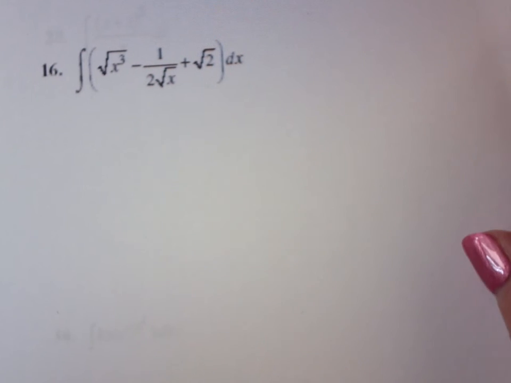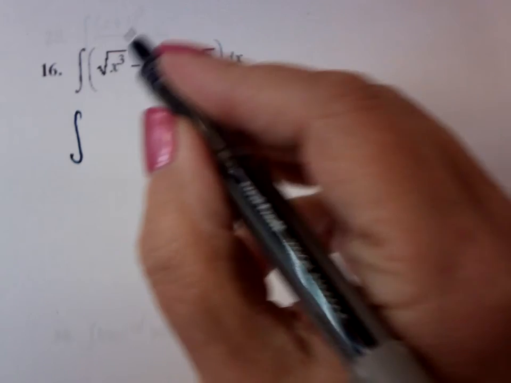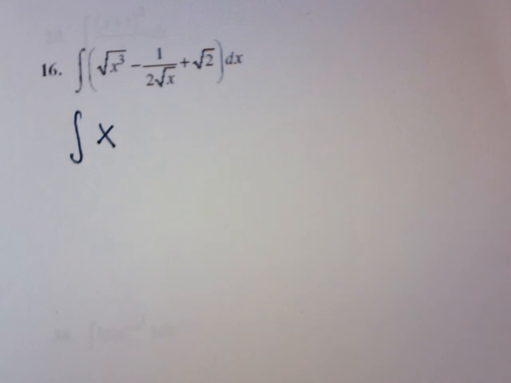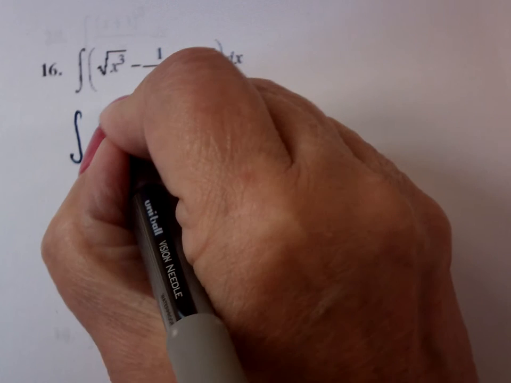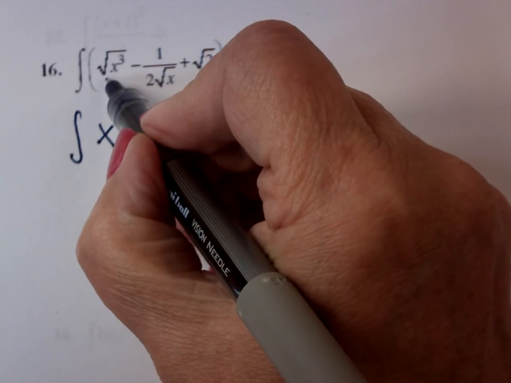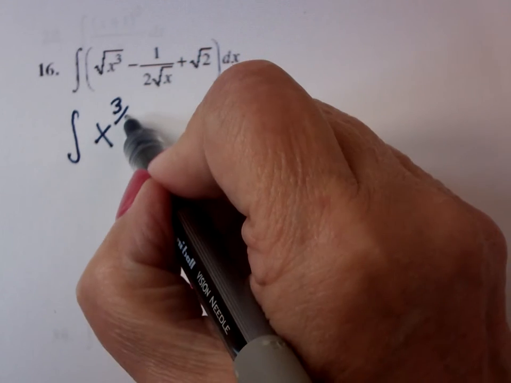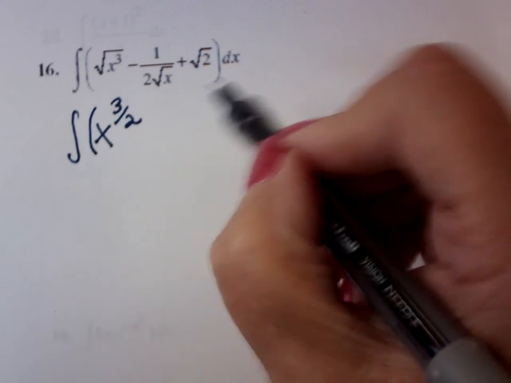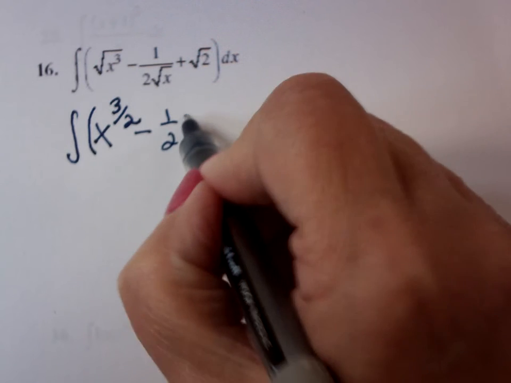Okay. Again, I need to rewrite. This is the integral of x to what power? 3 over, what's the index on this radical? 2. Minus 1/2 x to what power?